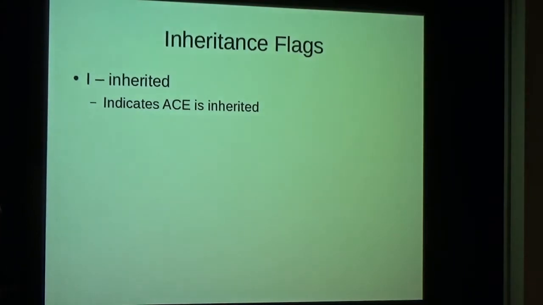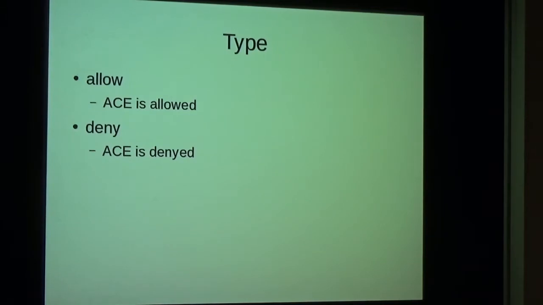All right, then capital I means that the entry was inherited. So when you see capital I, that just means it was inherited. And the two types of ACL entries that we have in FreeBSD are allow and deny. I think Solaris has a couple of other ones. And these are straightforward.